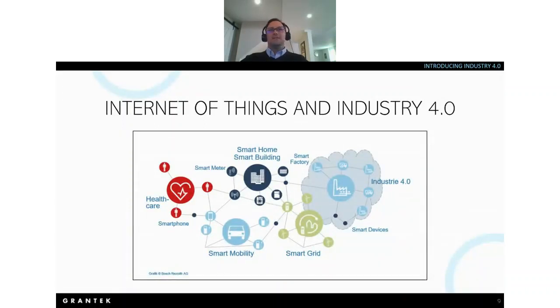These connected things are also typically labeled with the word smart. So you can see we have a mesh network of smart things all connected. There are smartphones, smart cars, smart power grids, smart homes, smart appliances, smart meters, and so on. And you have the smart factory with smart devices as being part of the cloud over there on the right called Industry 4.0.